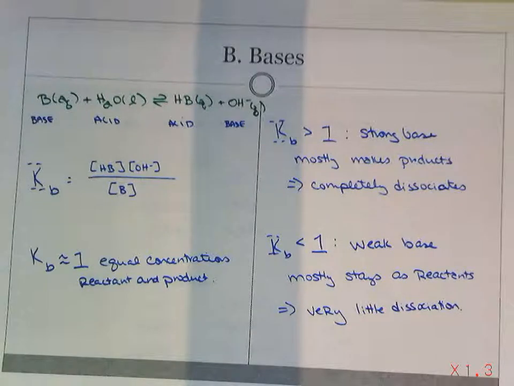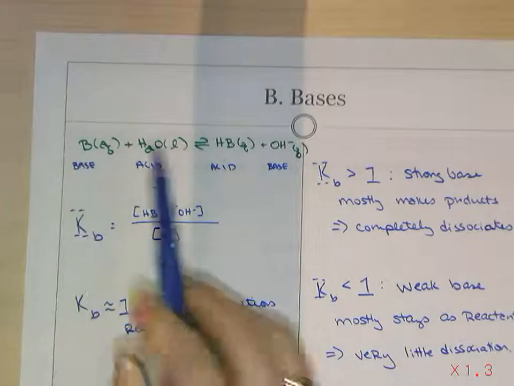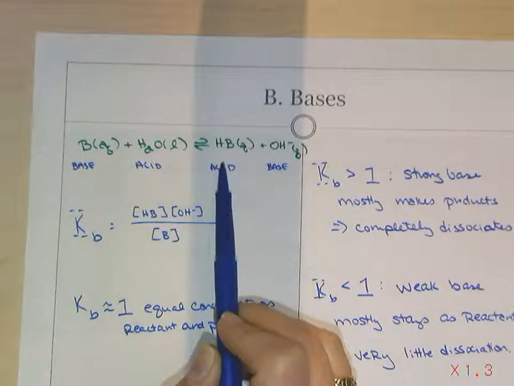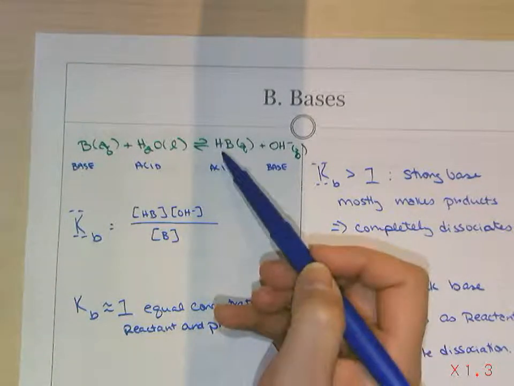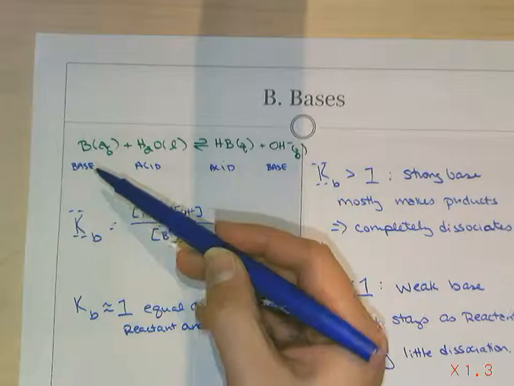They have to be opposites. So if I have a strong base that makes this conjugate acid, because that's strong, it makes mostly products, which means it's very unlikely for it to reverse. And if it's not likely to go this way, it makes it weak.